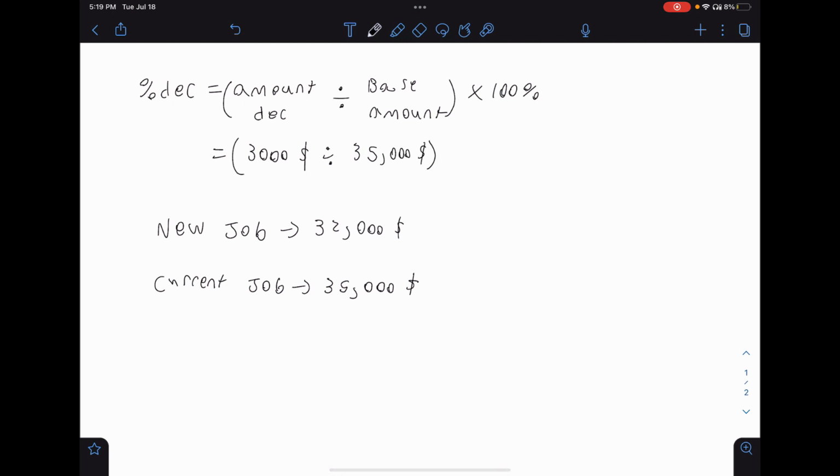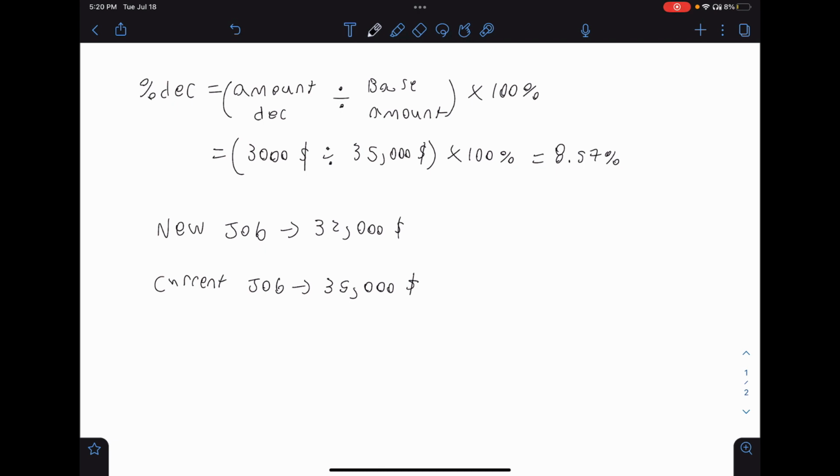So we do that, put that in our calculator, multiply it by 100%, and what comes out, right? $3,000 divided by $35,000 times 100%, 8.57. So you're losing 8.57% of your current job salary. So you have a percent decrease of 8.57%.